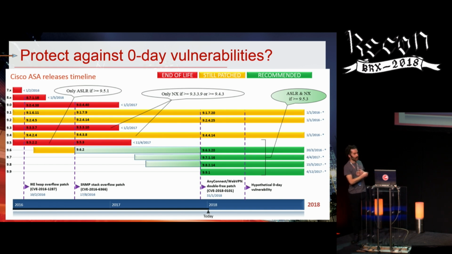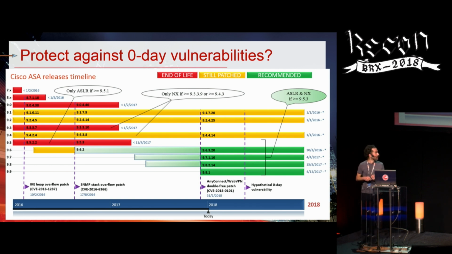These are actually different branches, in the same vein as this could be XP and this could be Windows 10. And they live in parallel, and they are all patched together. So the 9.1.79 is probably going to be released at the same time as the 9.2.4.14. So they live in parallel.